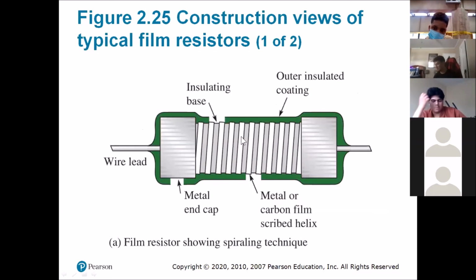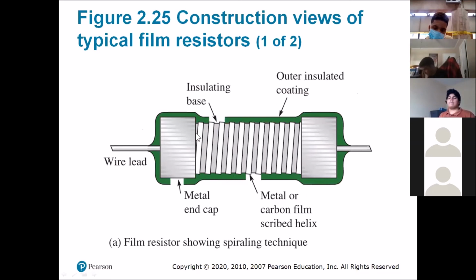We can also make it, again, using a ceramic. Usually this is a ceramic base, except now it's a ceramic cylinder. What they do is coat the ceramic cylinder with a thin metal or carbon, and then they use a knife to cut a helical spiral.